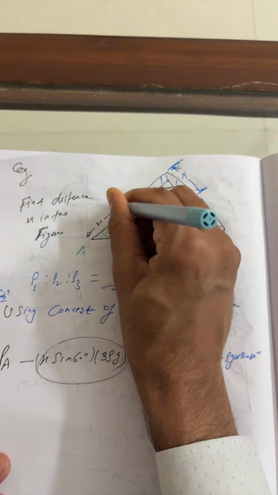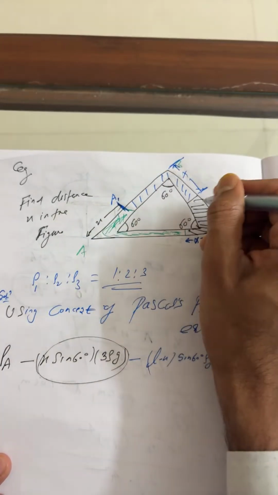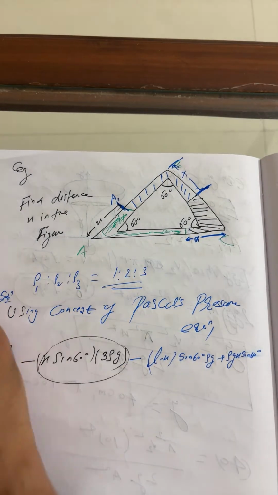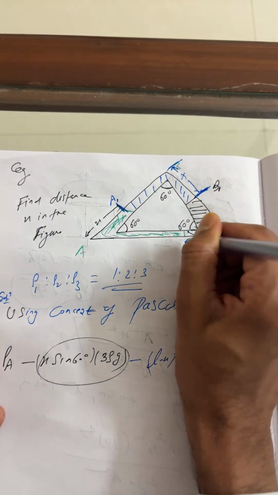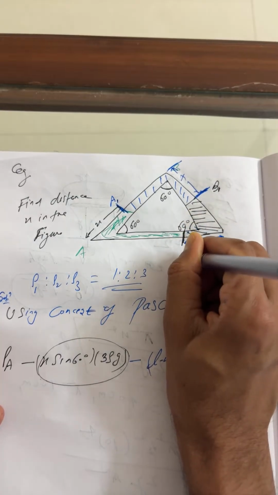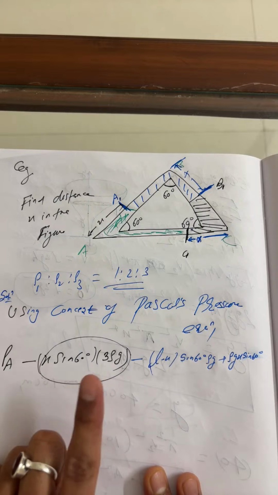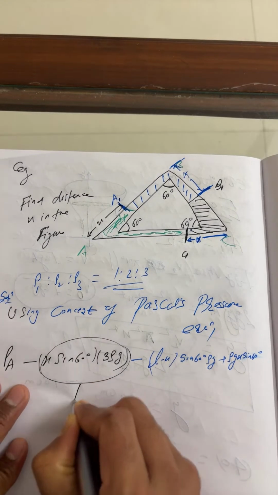For more clarification, you can write A1 point. This point you can take as B1. This point you can take as C1. I hope easily you can understand. This I have written here: pressure at A, pressure at B1.